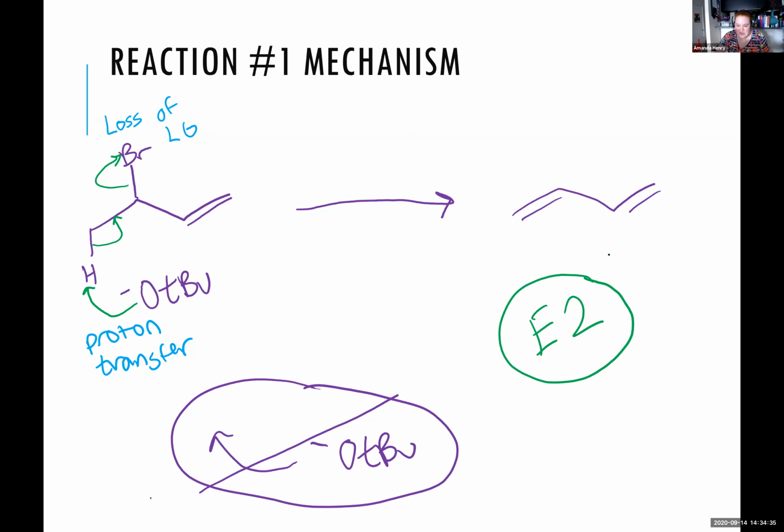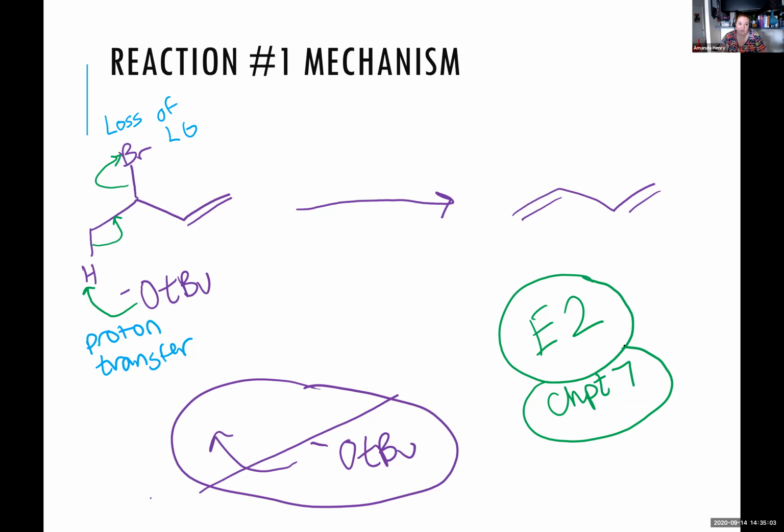And so the 1 and the 2 are essentially telling you how many things are happening at a time. SN1 and E1 both form carbocations because their leaving group leaves, and then we do the second thing. So this is an E2 mechanism. So that's going back to chapter 7 when you had all of that stuff in competition with each other.